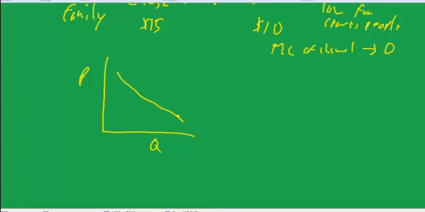But with the bundling, you can kind of get everyone to contribute to paying for what amounts to a gigantic fixed cost to provide the cable. So you're able to sort of move further up the demand curve by using the bundled pricing.